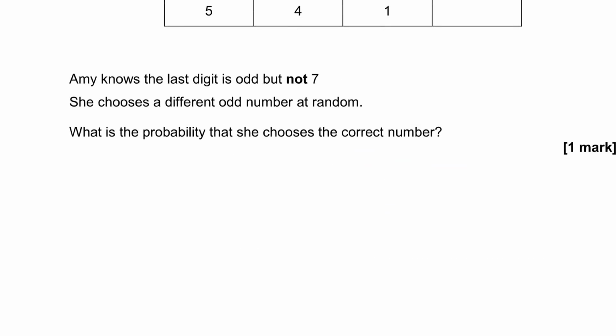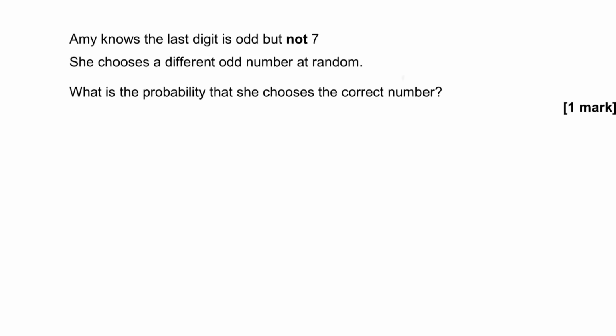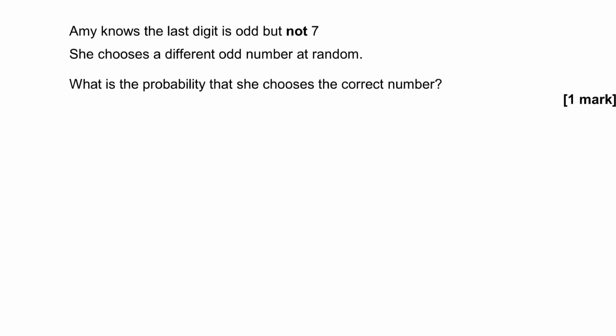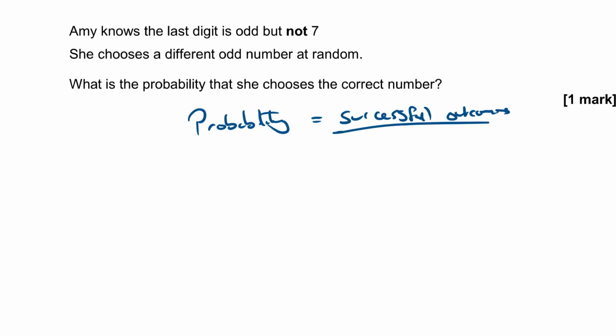Amy knows that the last digit is odd, but not a 7. She chooses a different odd number at random. What is the probability that she chooses the correct number? Okay, well, we know that probability is equal to successful outcomes over total outcomes.